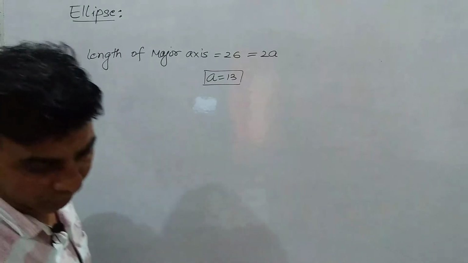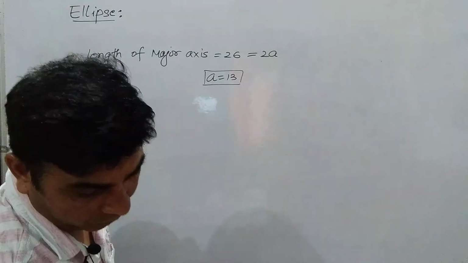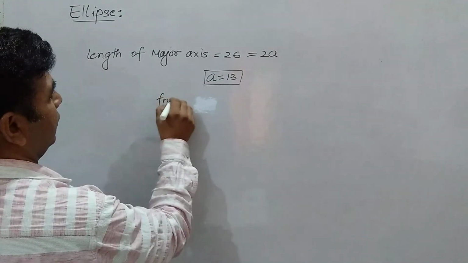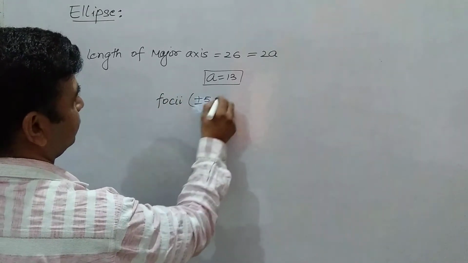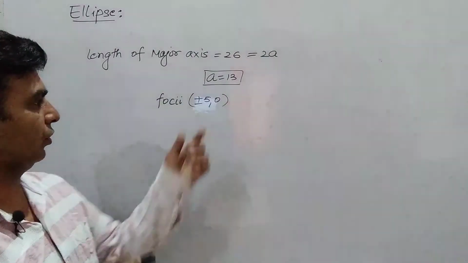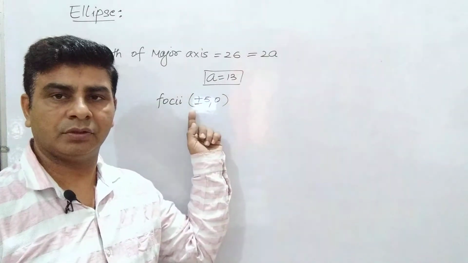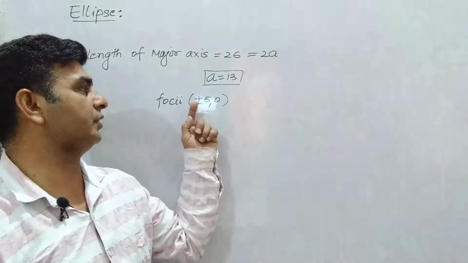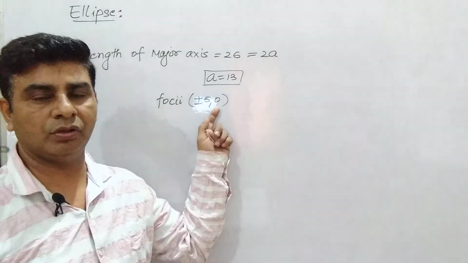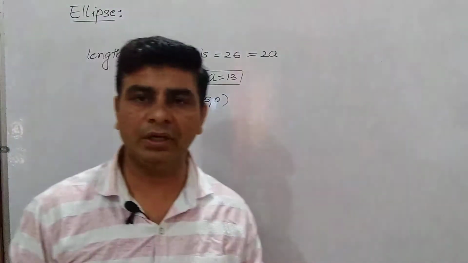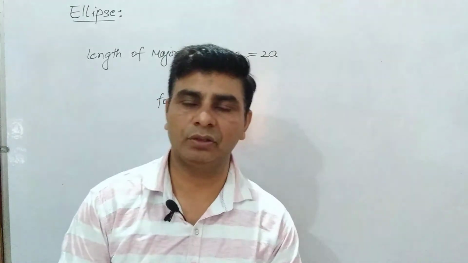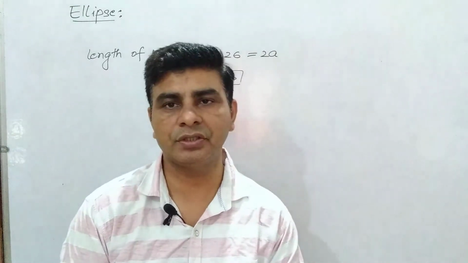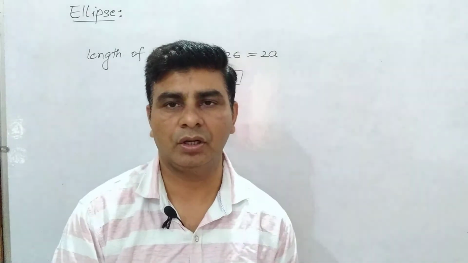And also we are given the foci. For this ellipse we are given foci as (5, 0). It is clear, children, that the foci coordinates are in the form (a, 0), so the foci lie on the x axis, and if the foci lie on the x axis, it means this is a horizontal ellipse, along the x axis.